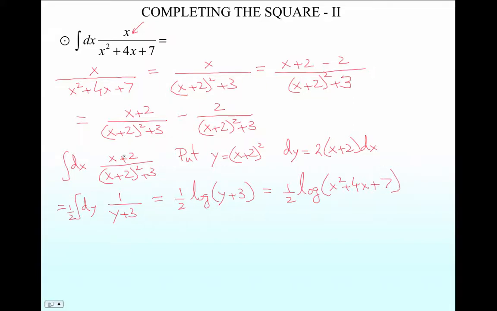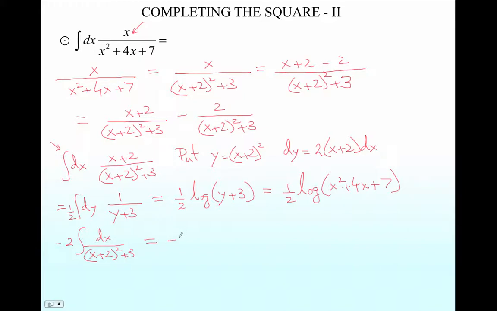That is the answer to this integral over here, which leaves us with this integral to solve. And so let's work on that now. So we have minus 2 dx over x plus 2 squared plus 3. But this is the integral that we just worked out.